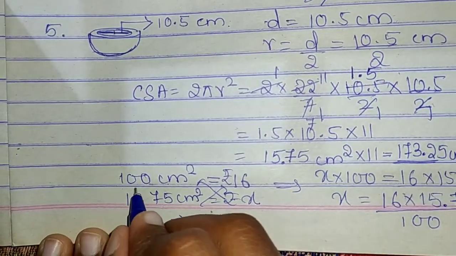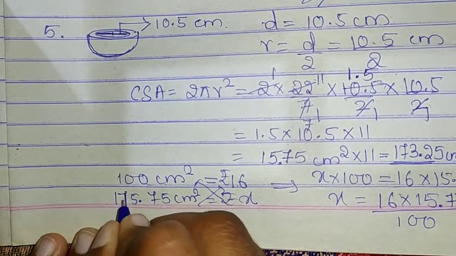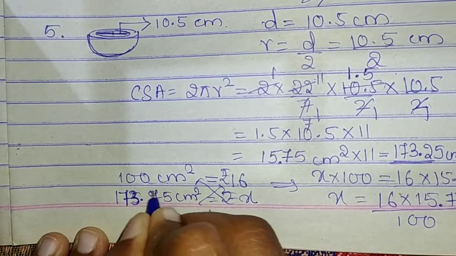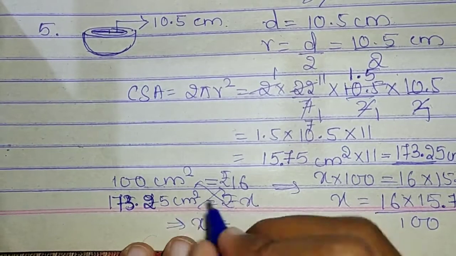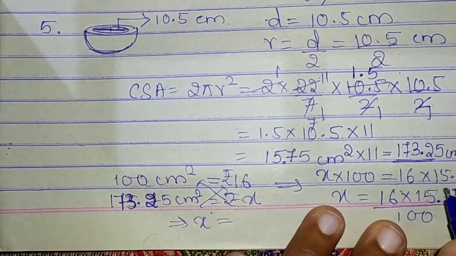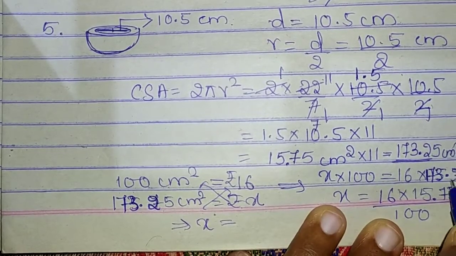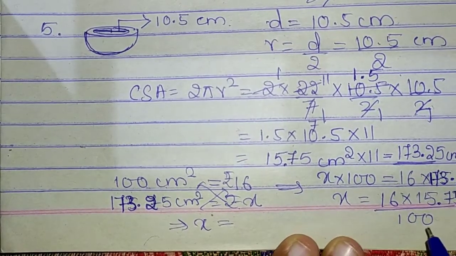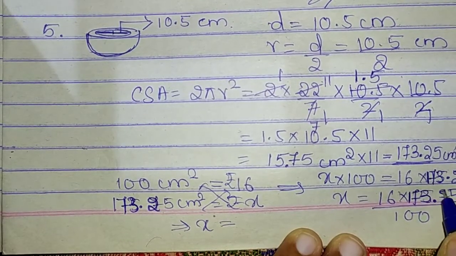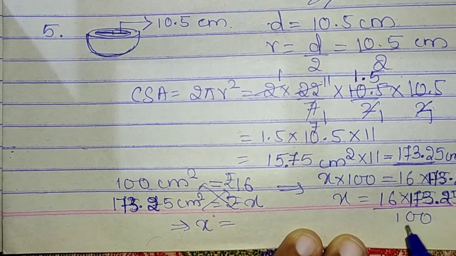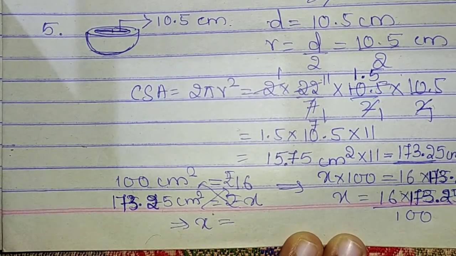So if for 100 centimeter square the cost is rupees 16, then for 173.25 centimeter square the cost of plating will be x. On cross multiplying we get x into 100 is equal to 173.25 into 16. So x is equal to 173.25 into 16 divided by 100.